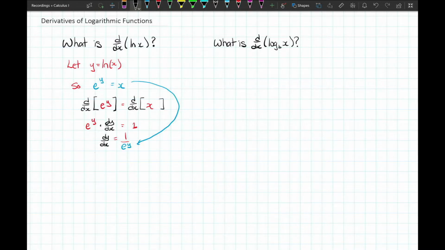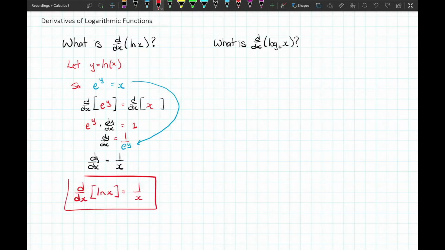And thus that gives us dy by dx is equal to 1 over x. And y in this case is the function natural log of x, so we've come up with a brand new rule, the natural logarithmic rule. The derivative of the natural logarithm of x is 1 over x, which is a great, easy derivative. Almost as easy as taking the derivative of e to the x.